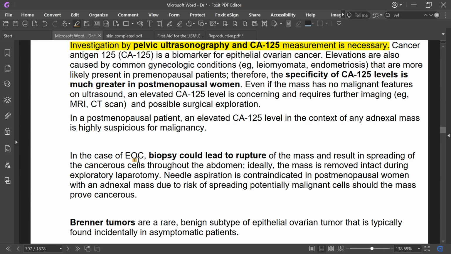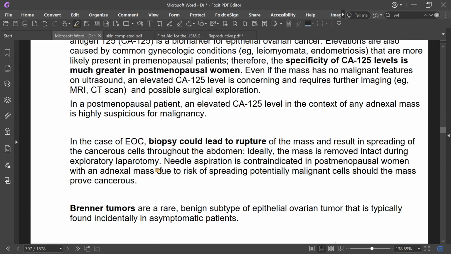In epithelial ovarian cancer, biopsy could lead to rupture of the mass and spreading of the cancerous cells. So needle aspiration is contraindicated in postmenopausal women with an adnexal mass due to the risk of spreading potentially malignant cells, should the mass prove cancerous.